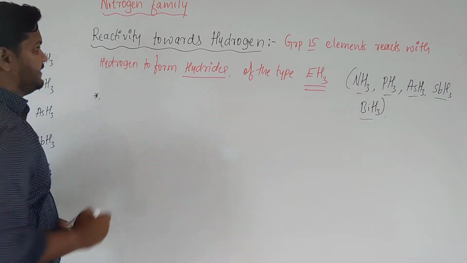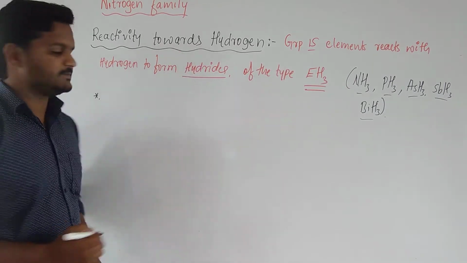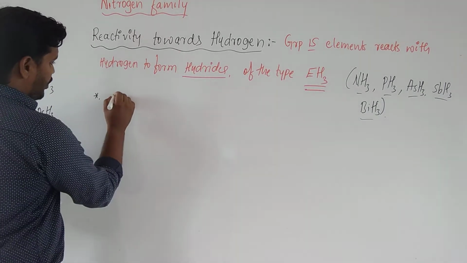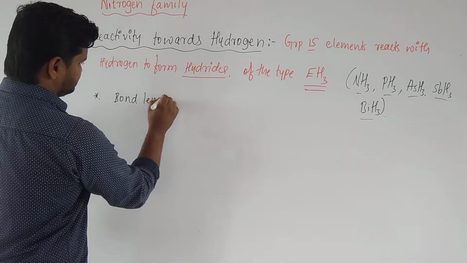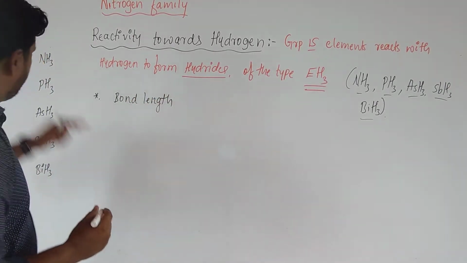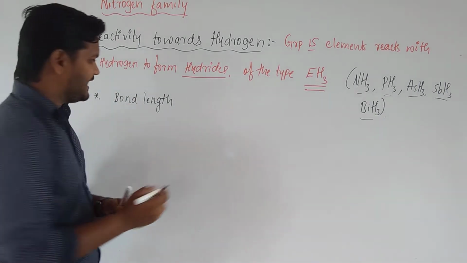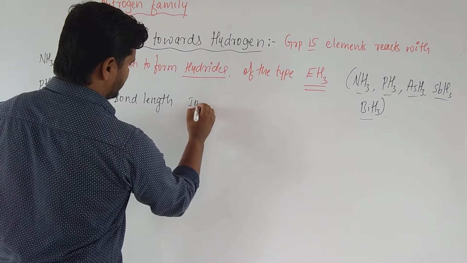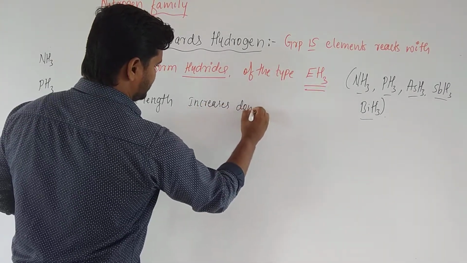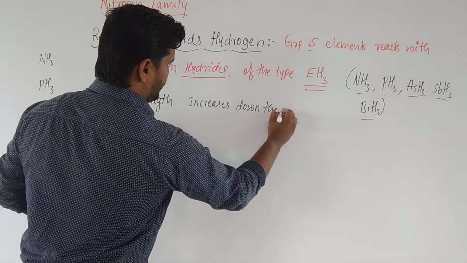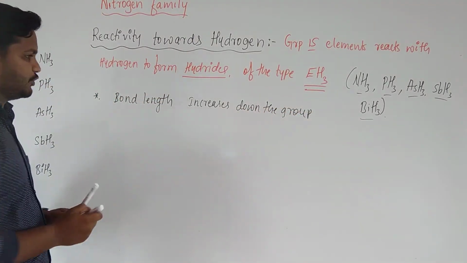First point regarding the group 15 hydrides: bond length. Bond length of NH3, PH3, AsH3, SbH3 and BiH3 increases down the group. This is an important point, students. Bond length increases down the group.